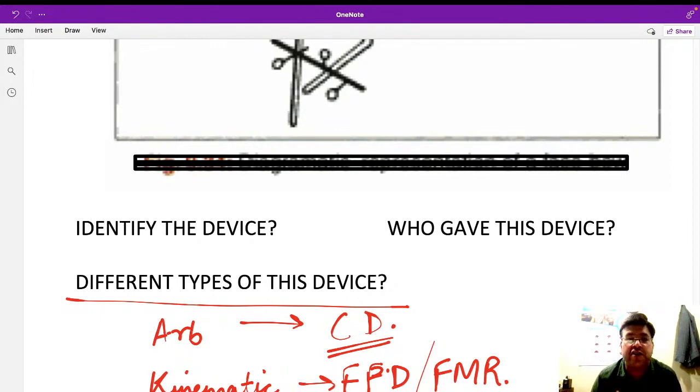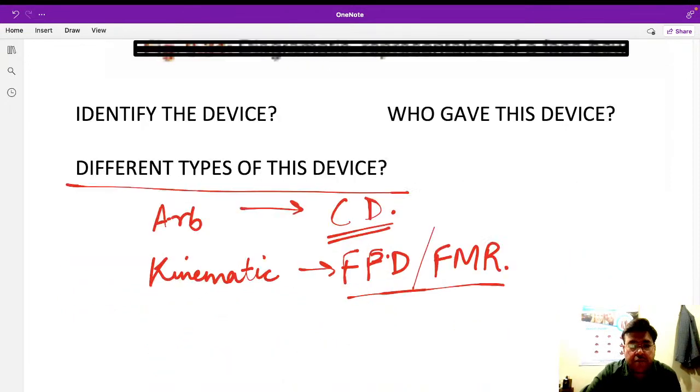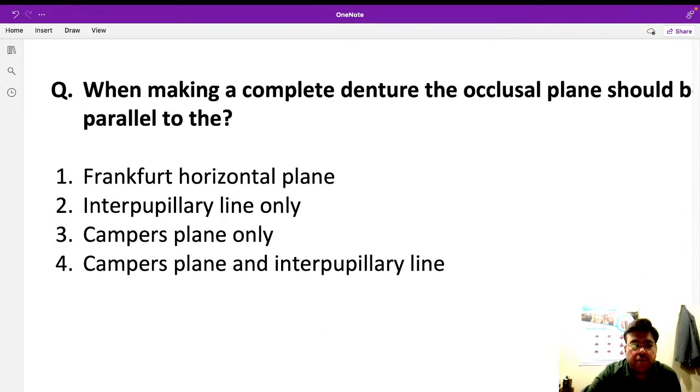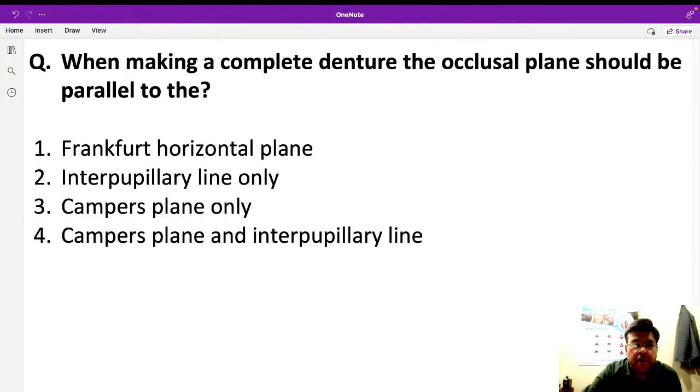So you have to establish the vertical dimension in a complete denture. Where you have to change the vertical dimension, that is a full mouth rehab case, right? Yeah. What is the answer to this question?